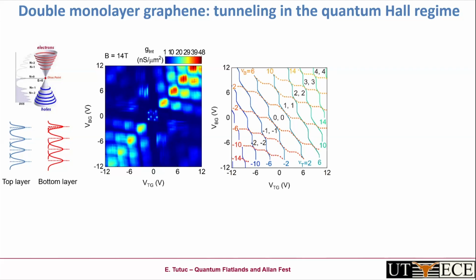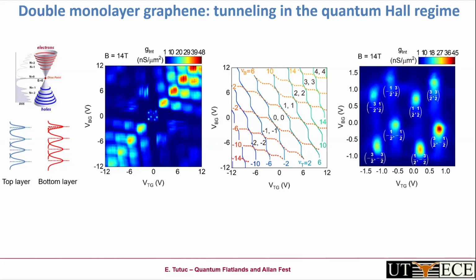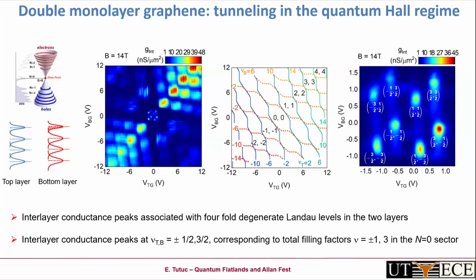So now let's focus on the n equal to 0 sector. This is when the two layers are in n equal to 0. If we look closely, a pattern emerges where we have resonances when the different Landau levels are half filled. This is what is expected theoretically, and the fact that we see this is precisely because we have this single particle hopping energy from one layer to another.